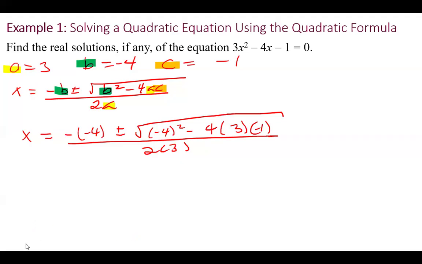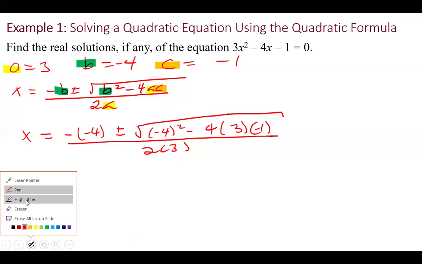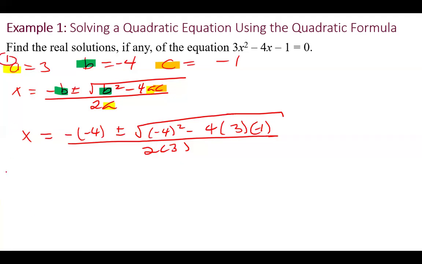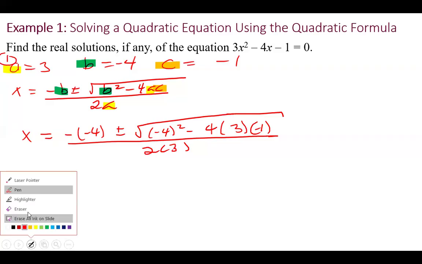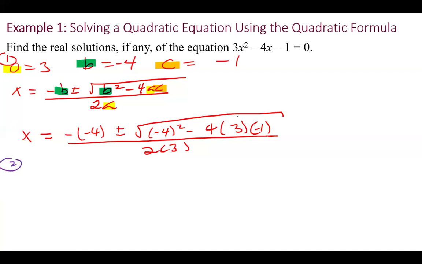We're done with step 1. Step 2 is to solve what's underneath the square root, which is our b squared minus 4ac. So we're going to simplify this first. Does that make sense? It's like parentheses. You do what's inside the parentheses or the grouping first.